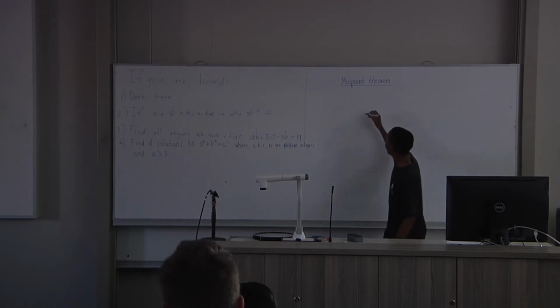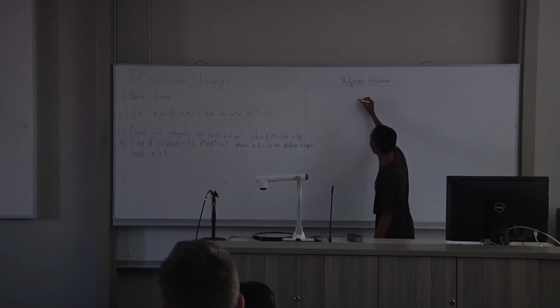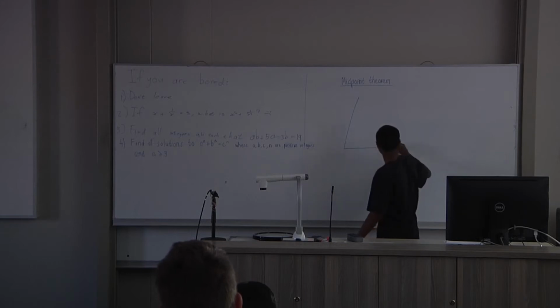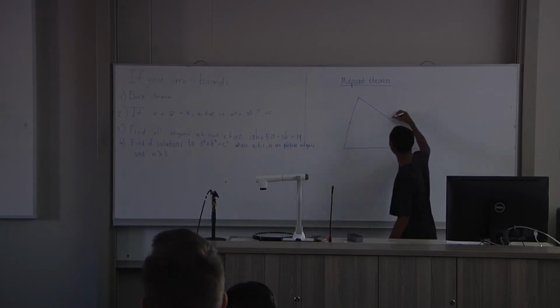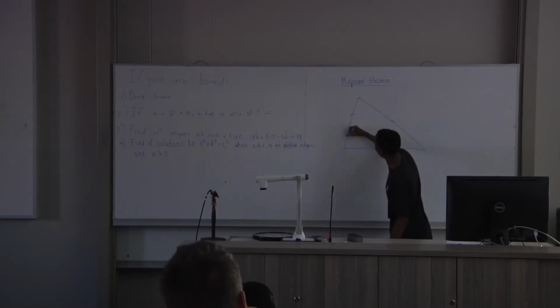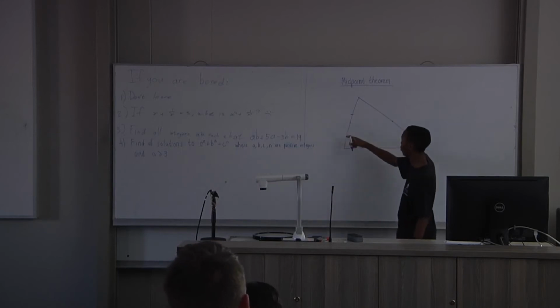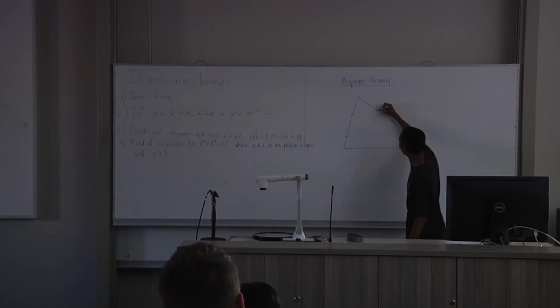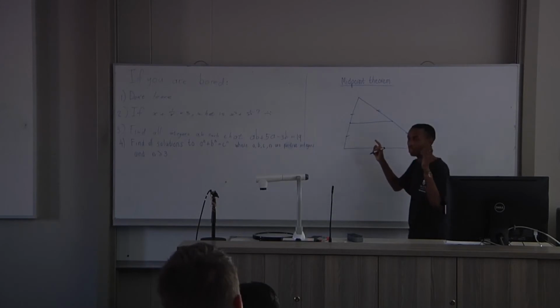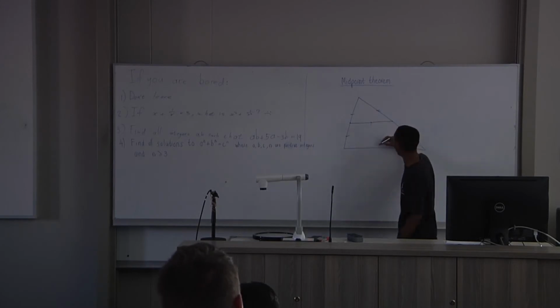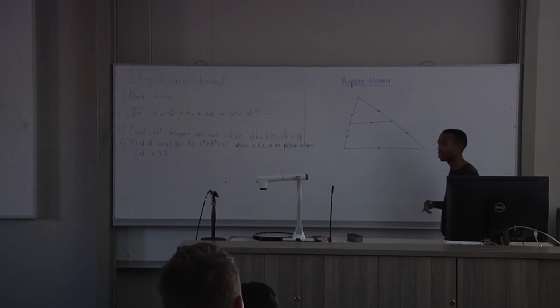The midpoint theorem states that if you have a triangle and you take the midpoint of two sides, meaning the point is equal distance away from each end, and you connect these two points, then the midpoint theorem states that this segment is parallel to the third side.